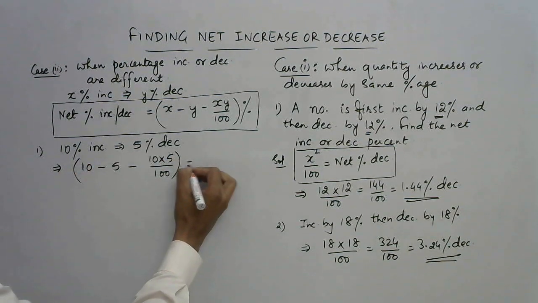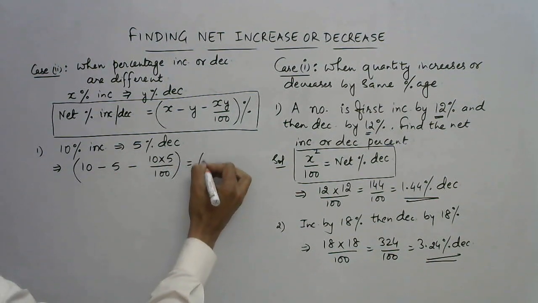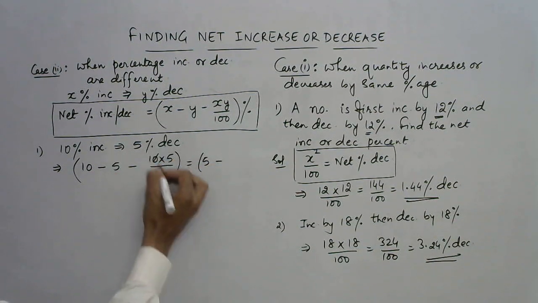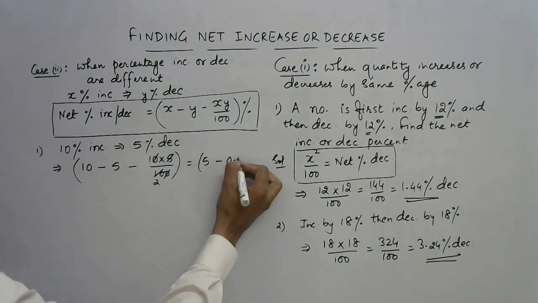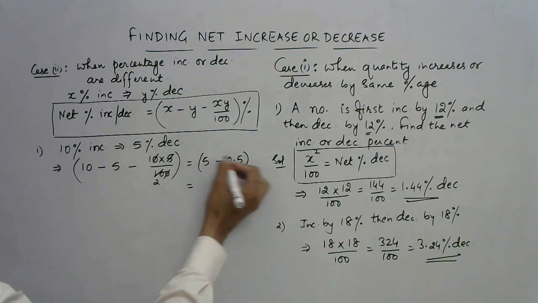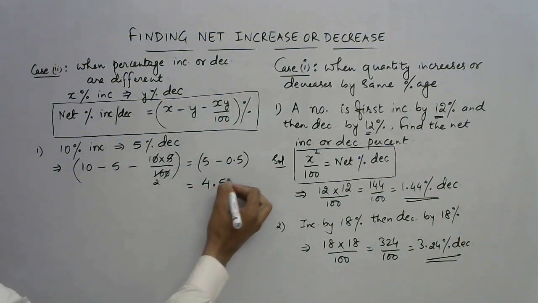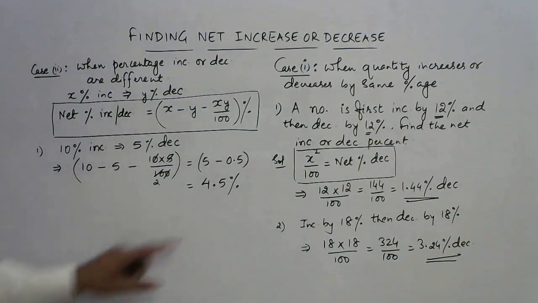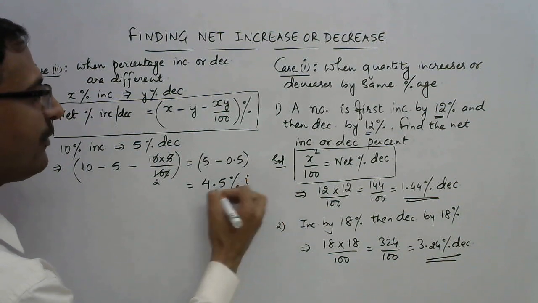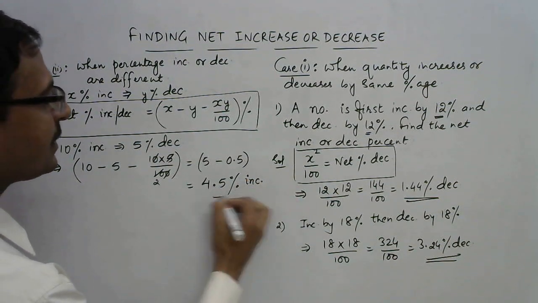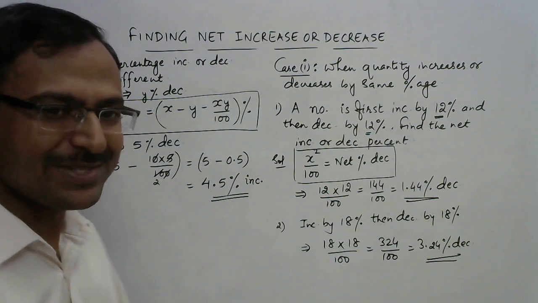So this will be 10 minus 5 is 5 minus 1 by 2. 1 by 2 is 0.5, or 5 minus 0.5 is 4.5%, and see my answer. Now this time the answer which I am getting is positive, and whenever the answer is positive then there is percentage increase. So 4.5% increase is the answer of this question.